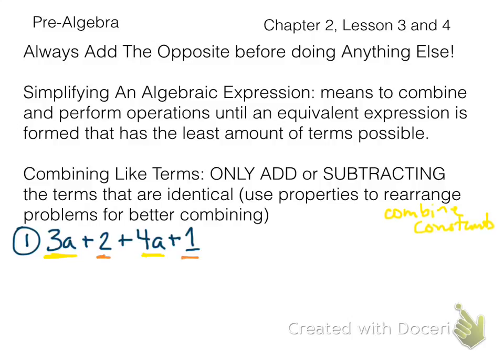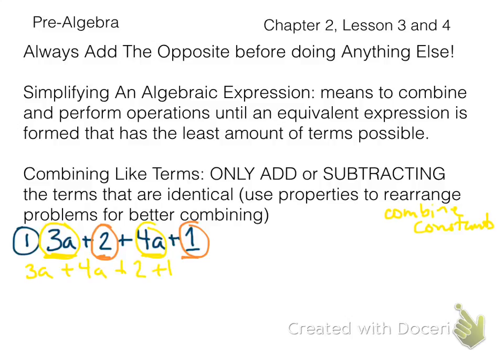The constants can be added together, and the terms that have the same variable get added together. We can do this and rearrange things using the commutative property of addition. Since everything's being added, I can move things around. So we're going to end up with 3a plus 4a plus 2 plus 1.